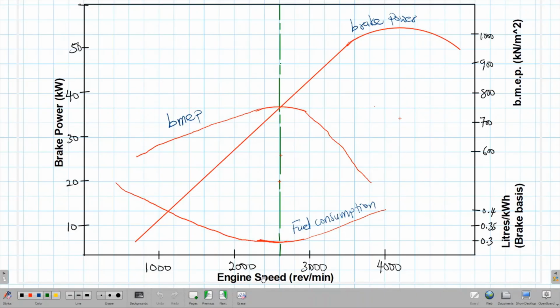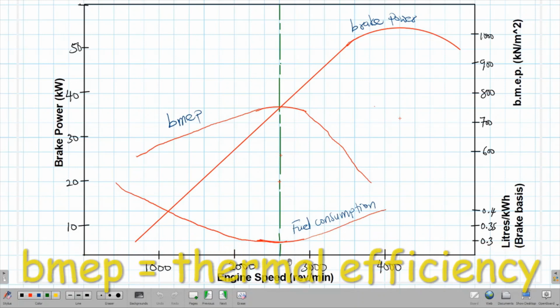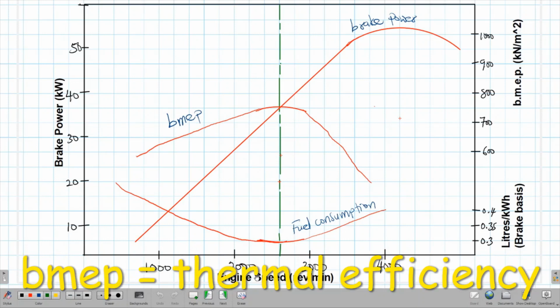This condition, however, corresponds to the maximum thermal efficiency over here and is the most economical speed for the engine when running under conditions used in the test. As the speed increases, the brake specific fuel consumption increases and the thermal efficiency of the engine is consequently reduced.